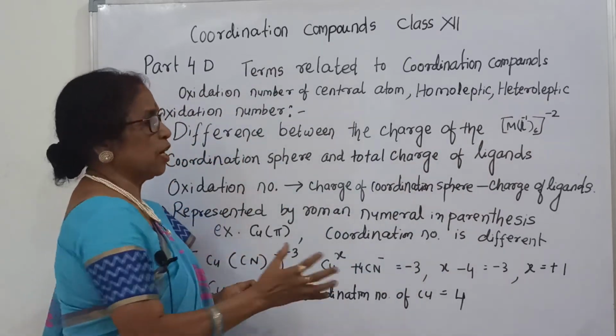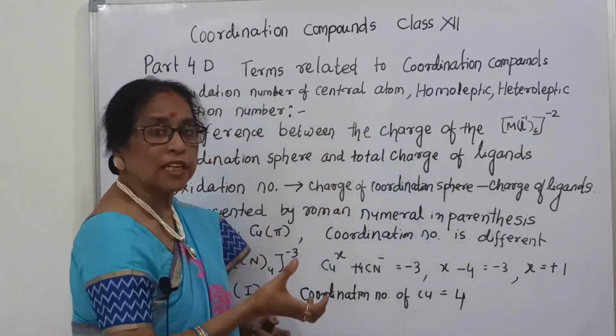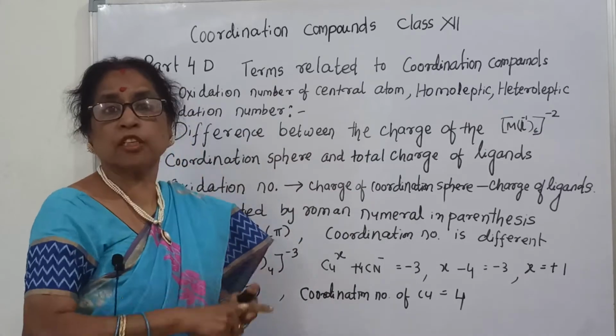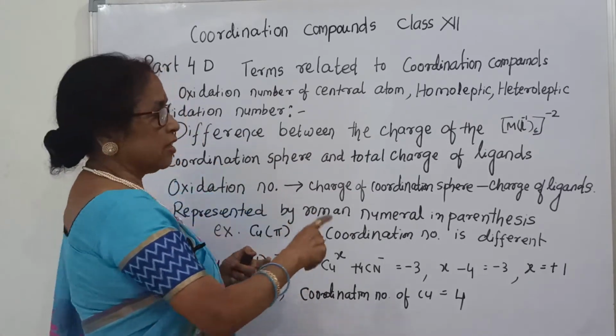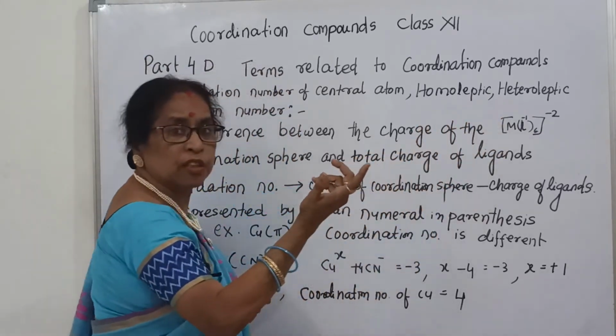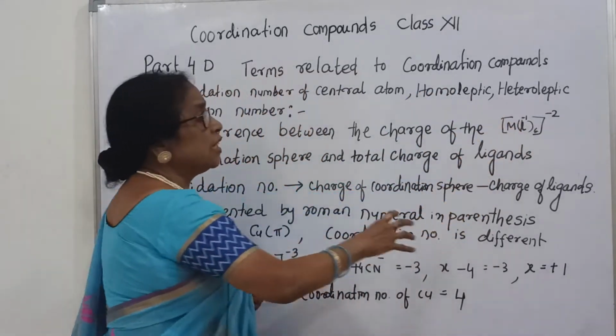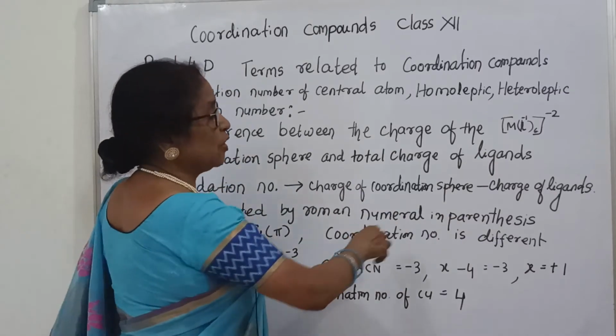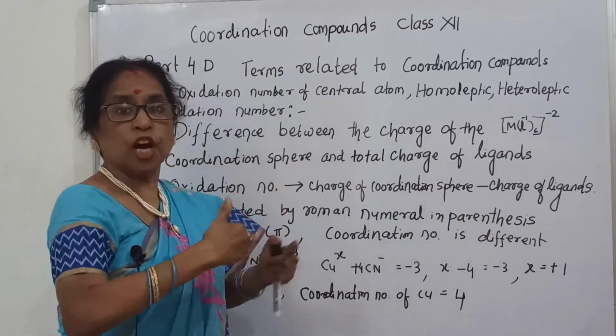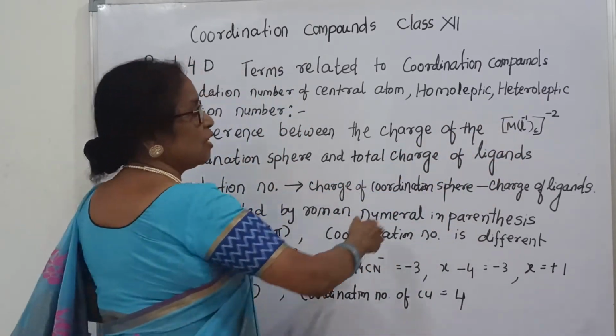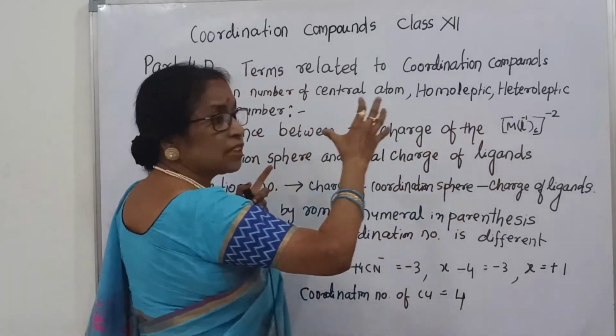You need to know the number of ligands and the charge of each ligand, whether it is -1 or a neutral molecule, 0. Here the charge is -1, the number is 6, so the charge of the ligands is -6, and the charge of the outer sphere is -2.